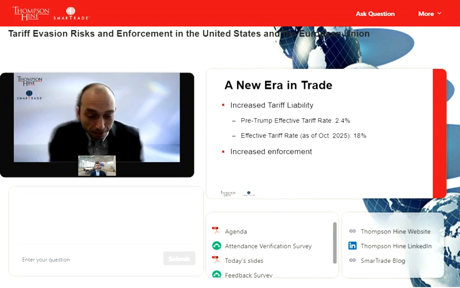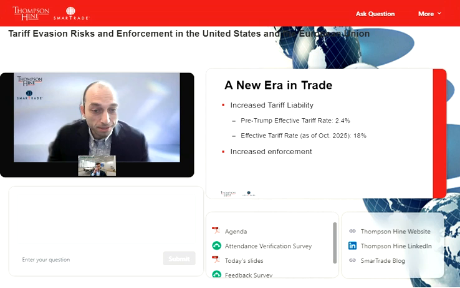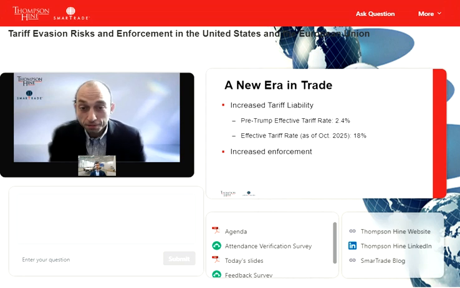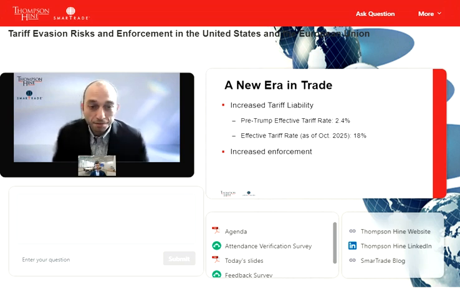This obviously has increased the tariff liability on a lot of companies, and as we will discuss today, it will also increase the enforcement of these tariffs by the administration, because these high tariffs have created significant incentives for companies to take steps to reduce duty liability as much as possible.